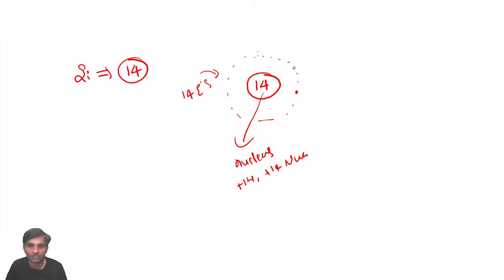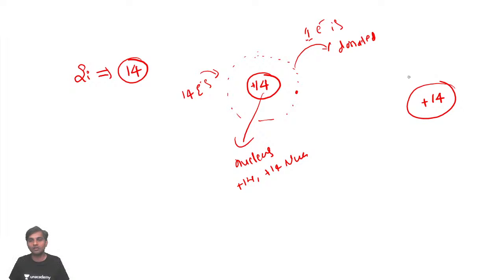Let's say one electron is donated. Now at the center you have 14 positive charges, but in the orbits only 13 electrons.